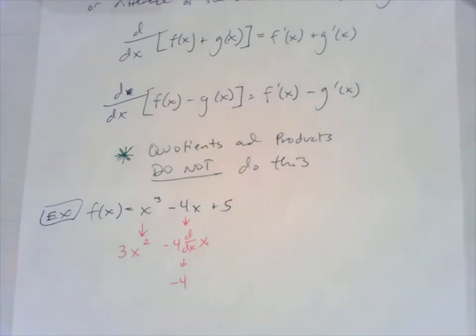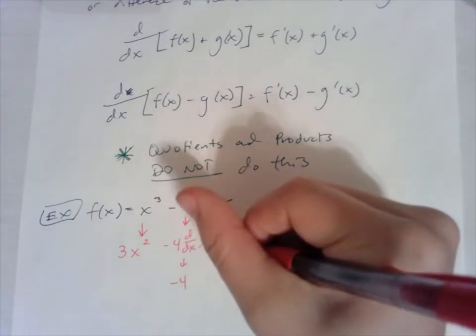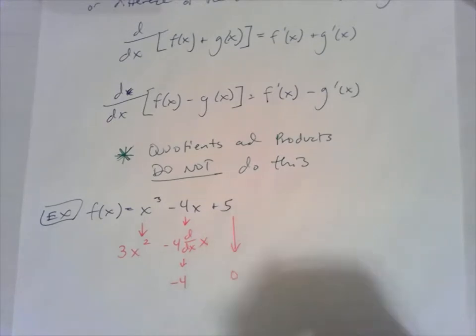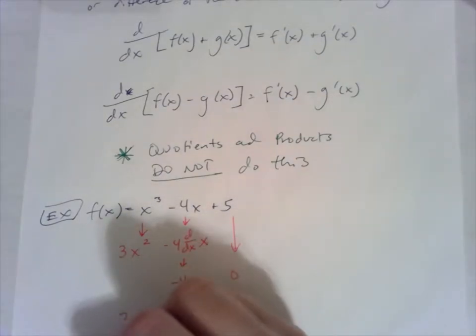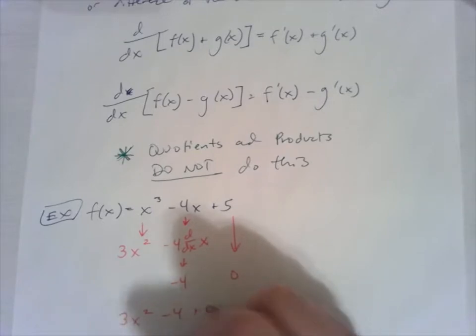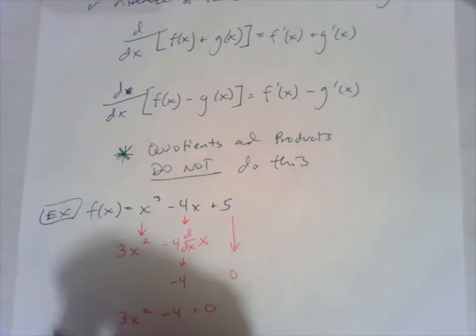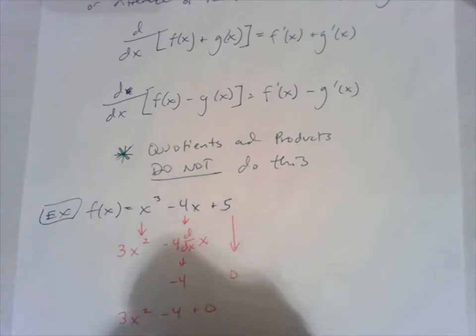And then, remember, the derivative of a constant is always just 0. So now let's take all of these things, let's add them up. Looks like we have 3x squared minus 4 plus 0. So our derivative, we can safely say, f prime of x equals 3x squared minus 4.